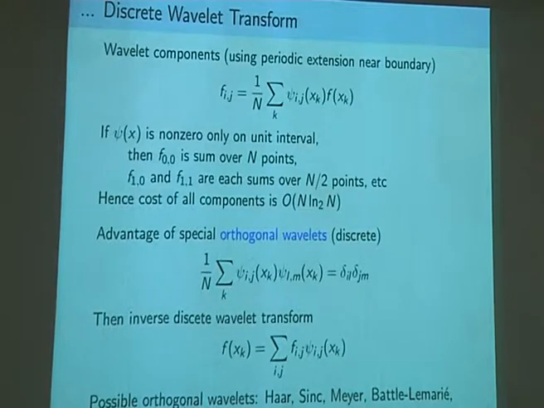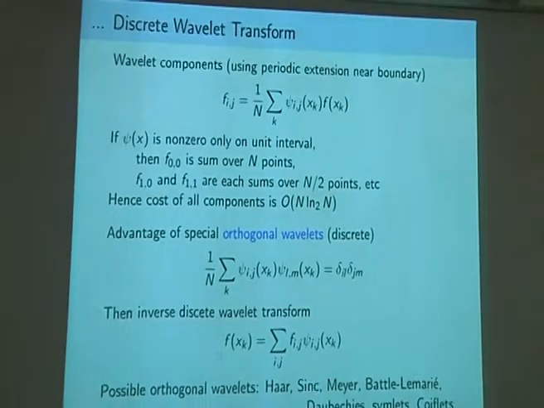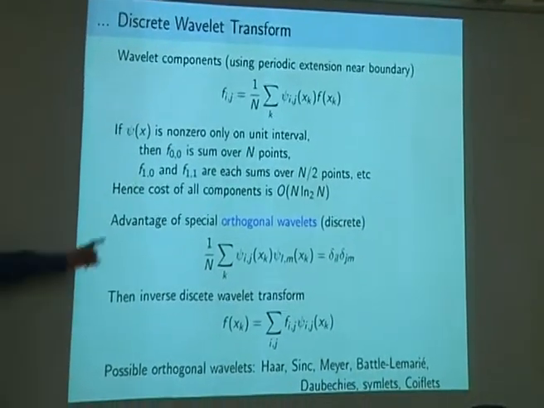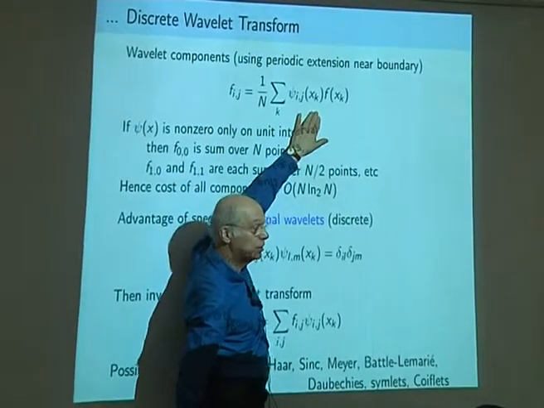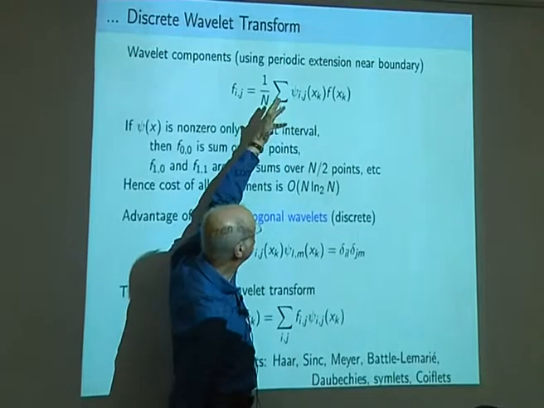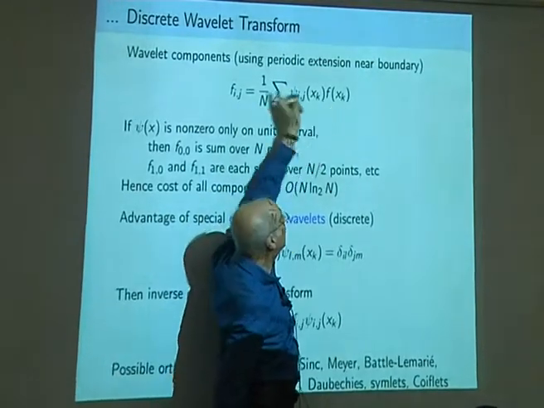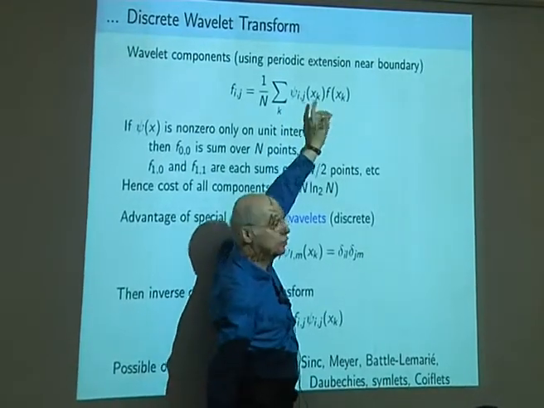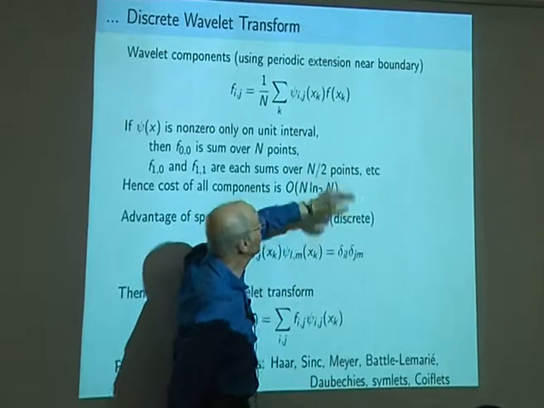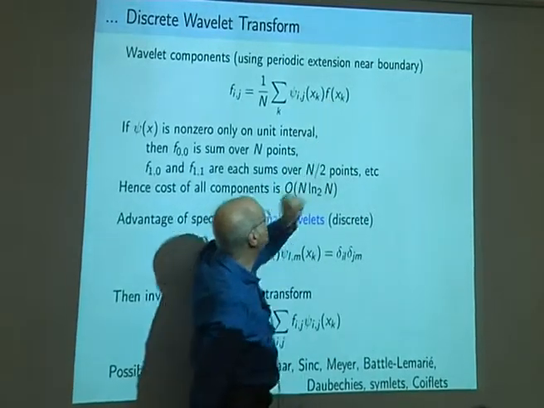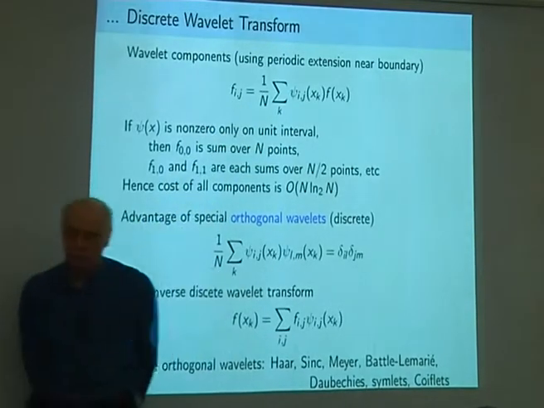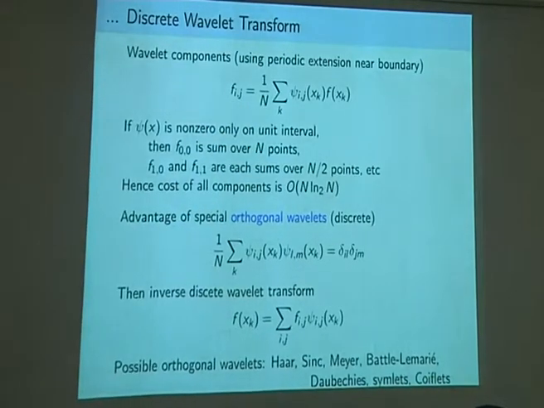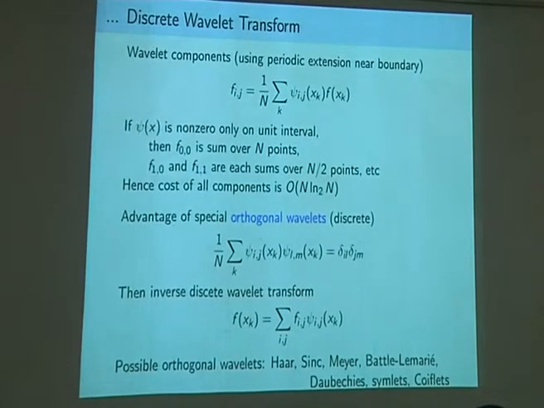So the discrete wavelet transformation is just to multiply these discrete wavelets, with the frequency doubling and integer shifts, times the function and sum over the equispaced points with the data on the equispaced points, and we get the discrete wavelet component of the function f.